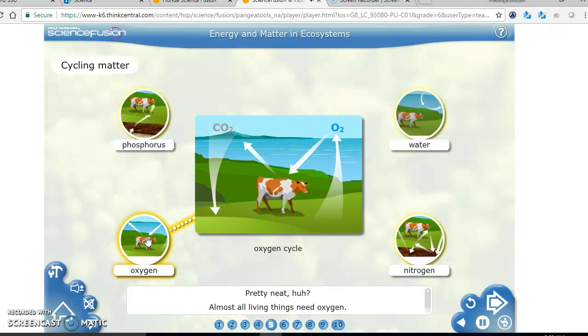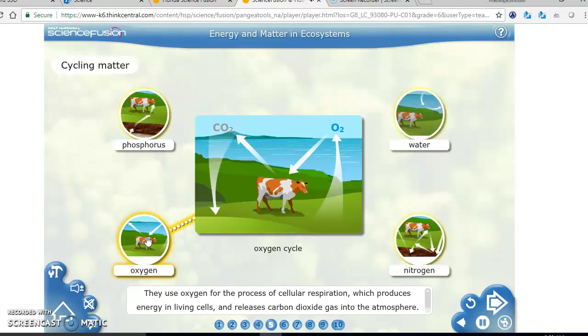Almost all living things need oxygen. Humans and other animals take in or absorb oxygen gas from the atmosphere. They use oxygen for the processes of cellular respiration, which produces energy in living cells and then releases carbon dioxide gas into the atmosphere.